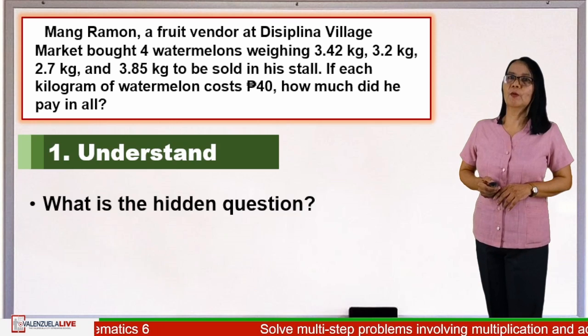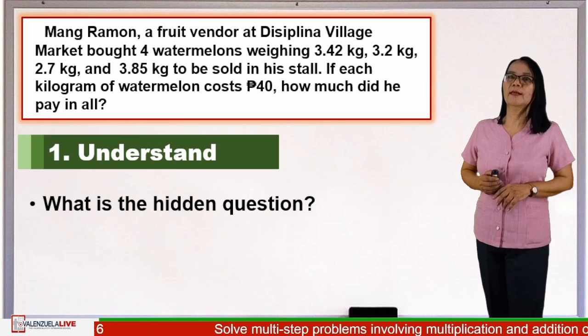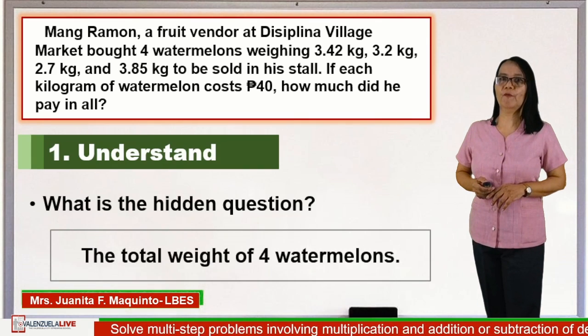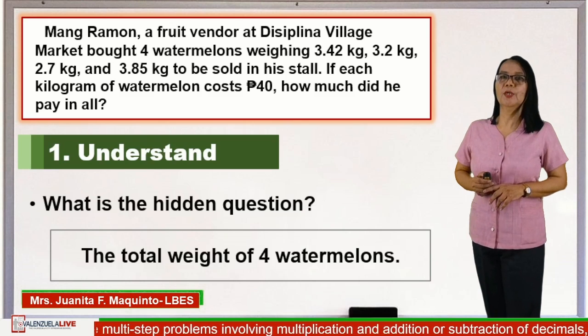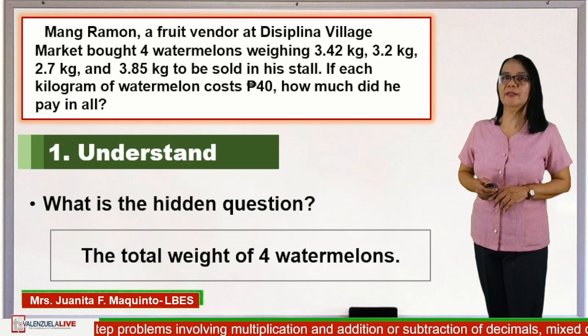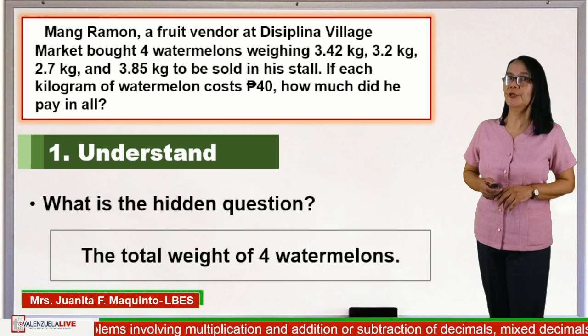So what is the hidden question in this problem? The hidden question is the total weight of 4 watermelons he bought. You already know how to identify the hidden question. This will make your computation easy.